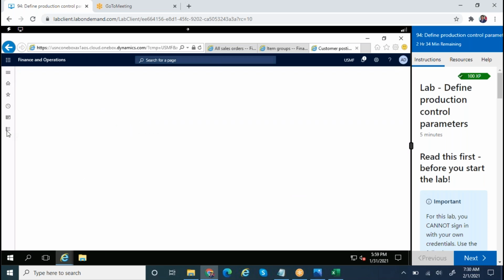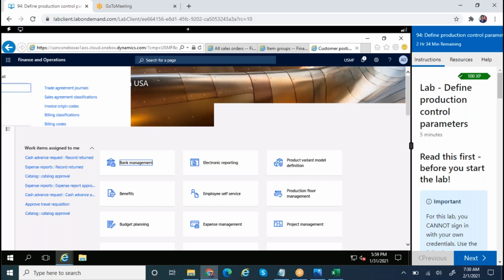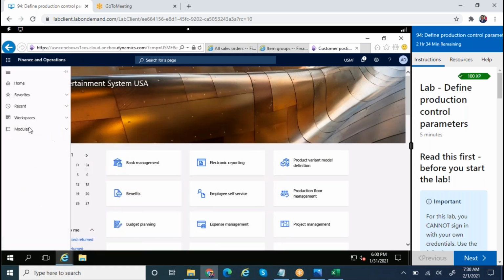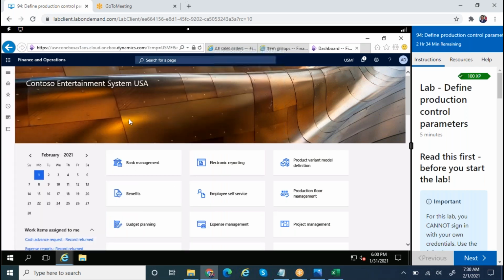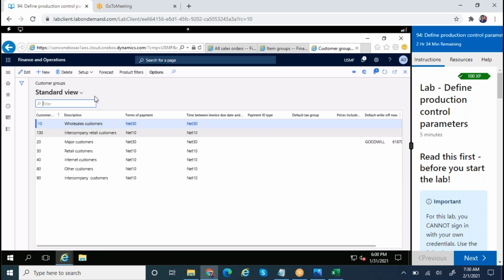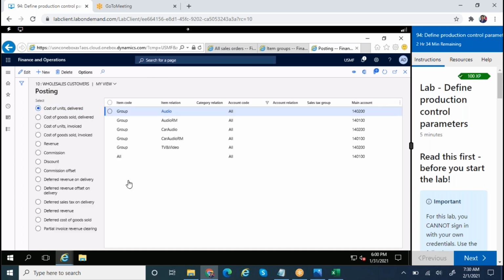Sorry. So let me go to the customer group now. If you go to the customer groups, in this customer groups you have setups, item posting. The same form will be opened. This is from customer group we have opened. It is showing only sales.